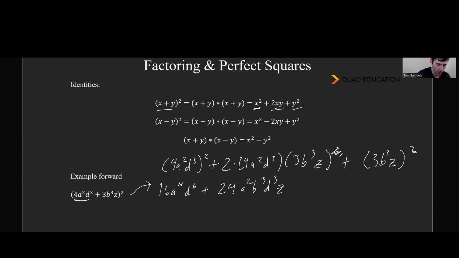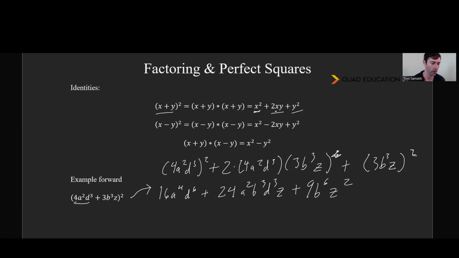And then for the last term, that's going to be 9b to the 6 z squared. That's a nice way to skip a ton of steps just by using this property. I don't have to FOIL this huge thing. I can just write down those quantities. So I'm just going to go ahead and clear that out.